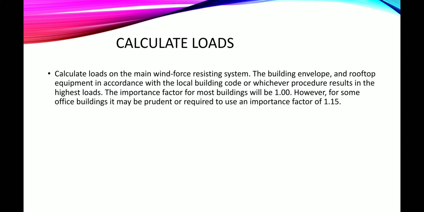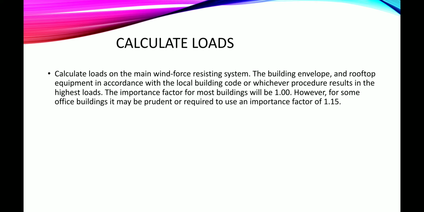As a result of not determining loads and designing adequate load resistance, building envelope and rooftop equipment failures have been the leading cause of failure during past wind events. It is critical that loads be determined by the architect or engineer for the building envelope and rooftop equipment and make sure they are designed to accommodate the design loads.